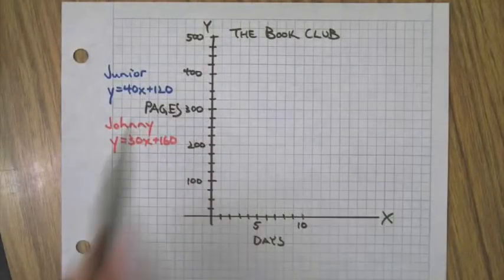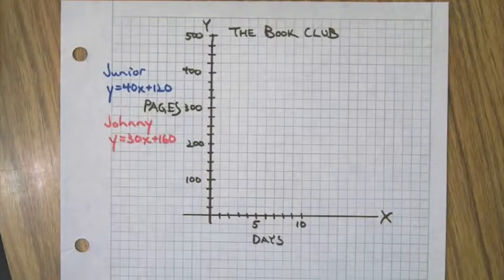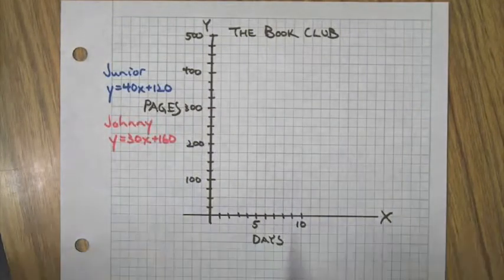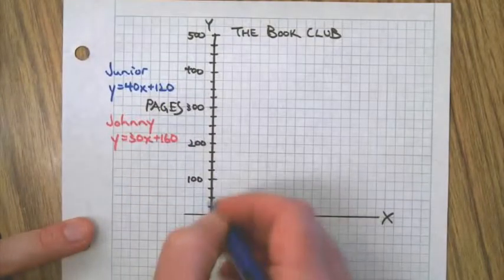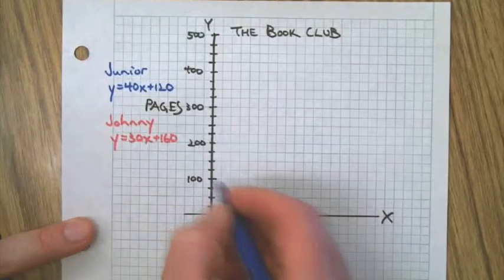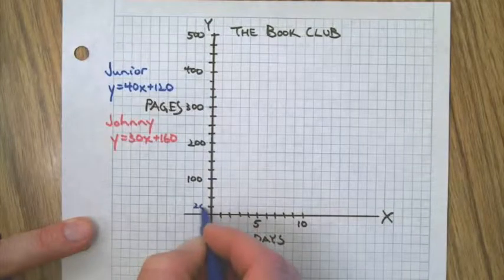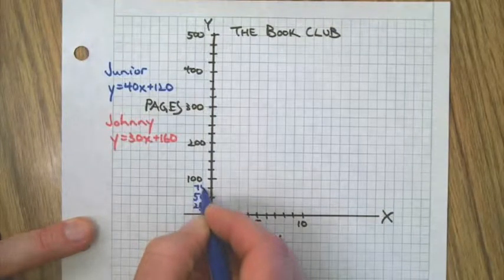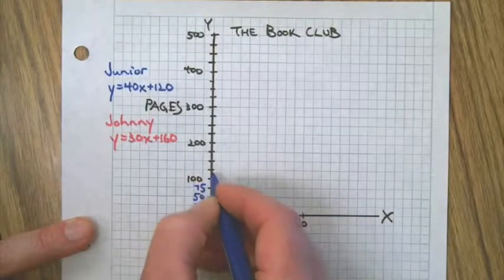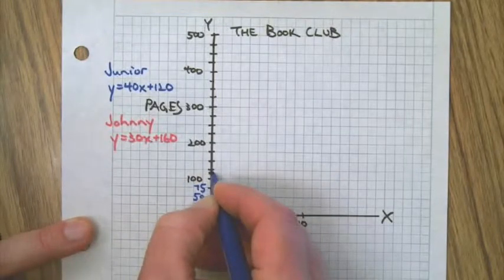He started on page 120. Let's go ahead and graph that using our slope-intercept strategy, which is simply 120 is the page he was on when they started the book club. I've scaled my y-axis using 25s over here. So if I want to go to 120, it's going to be right about there.